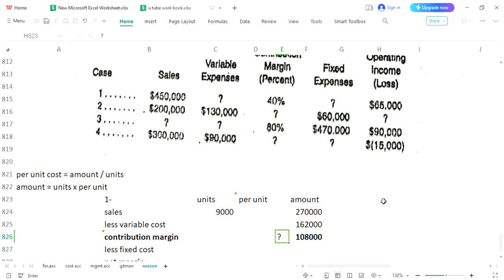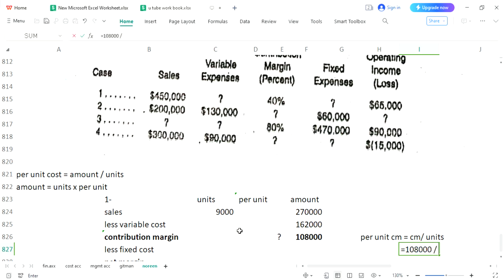And as you know, as we have written over here, whenever you want to calculate your per unit figure, you will have to divide the amount by units. So we need to calculate per unit CM. For this, you will take CM and divide it by the number of units. How much is CM? 1,08,000, and you need to divide it by units.